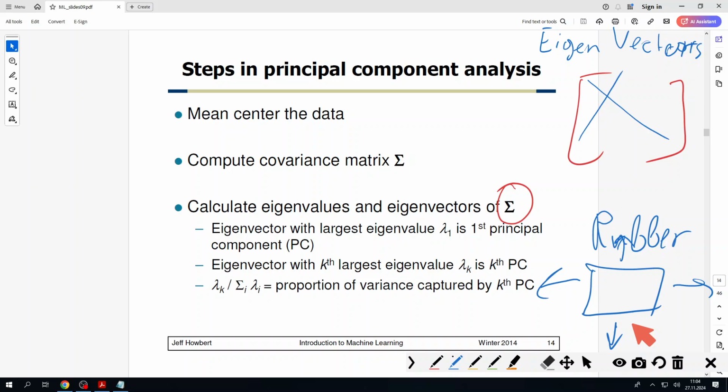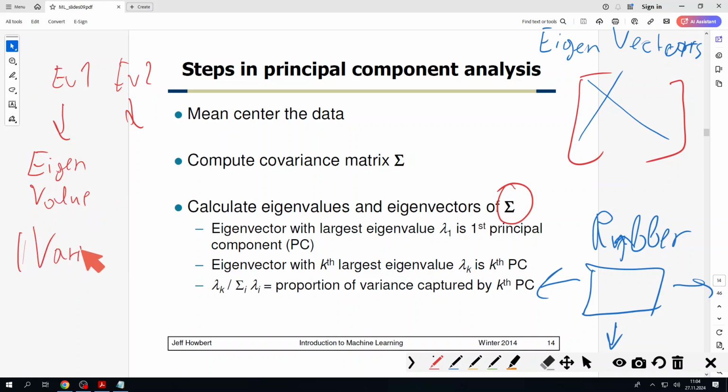And each of these eigenvectors, eigenvector V1, eigenvector V2, is assigned a specific single eigenvalue, which is actually your variance.